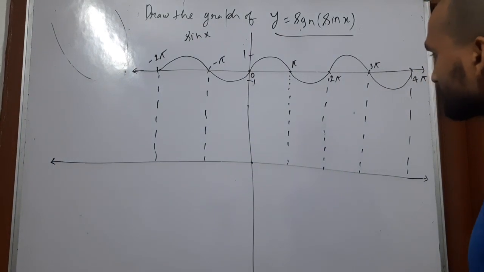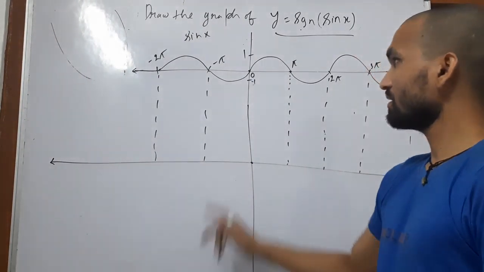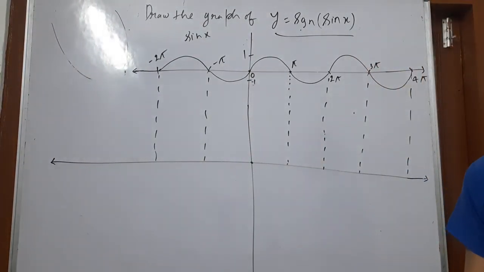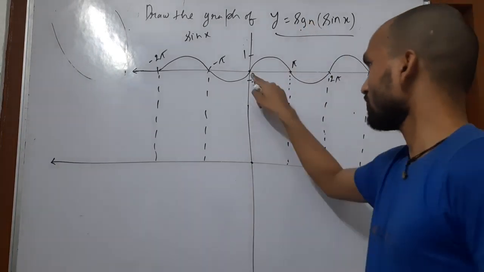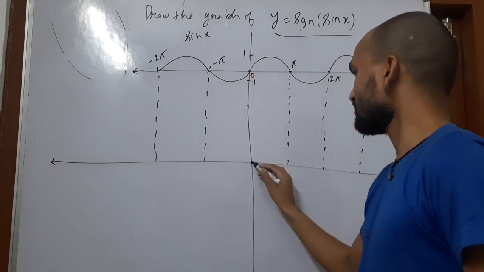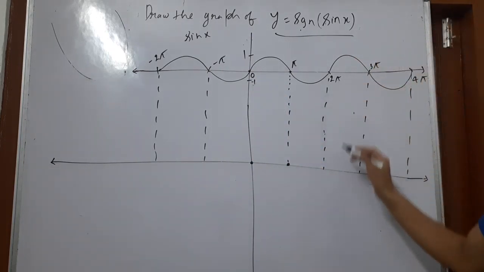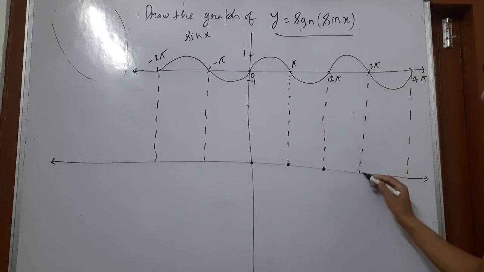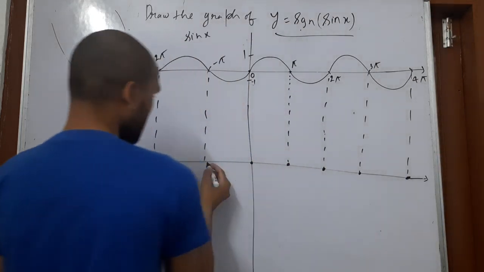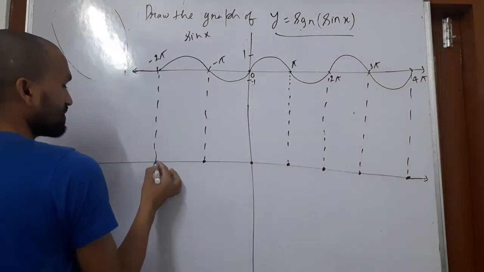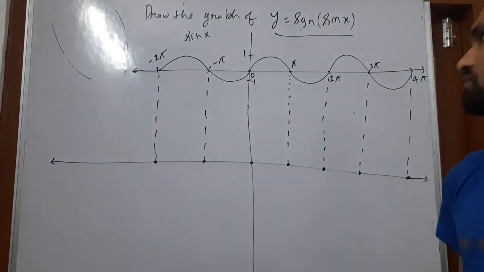When x is exactly 0, sin x is 0, so it will be signum 0, and signum 0 is 0. So in front of x equal to 0 it will be 0, in front of pi it will be 0, in front of 2 pi it will be 0, in front of 3 pi it will be 0, in front of 4 pi it will be 0, in front of minus pi it will be 0, in front of minus 2 pi it will be 0, because sin is 0 and signum 0 is also 0.